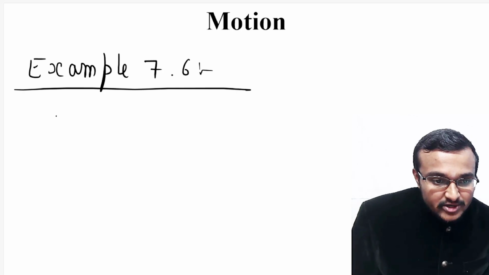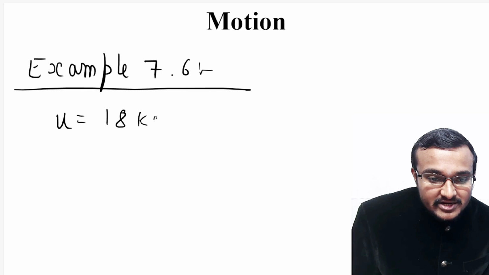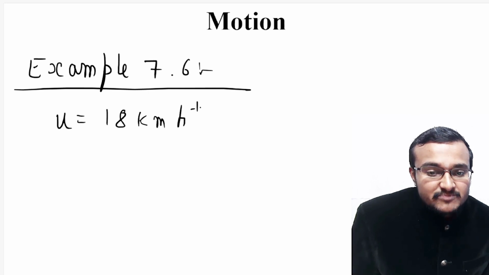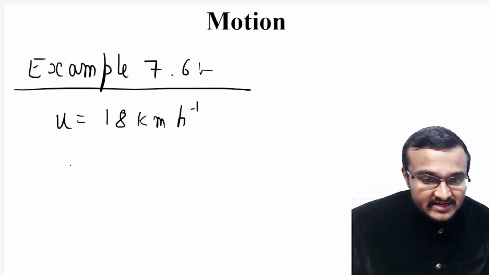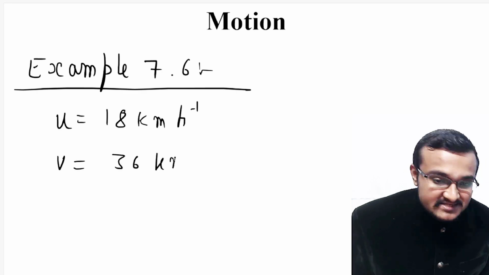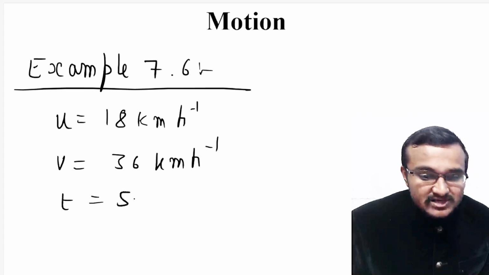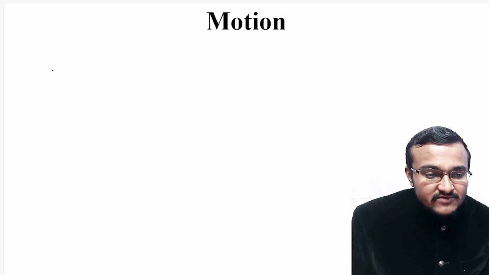So in example 7.6, you have initial velocity as 18 km per hour. So you should convert this kilometer per hour into meter per second. They have given the final velocity, that is 36 km per hour, and also the time, which is equal to 5 seconds. Now you can convert the initial velocity into meter per second.